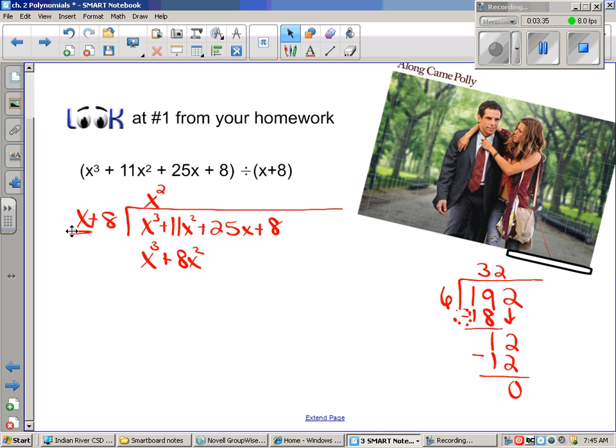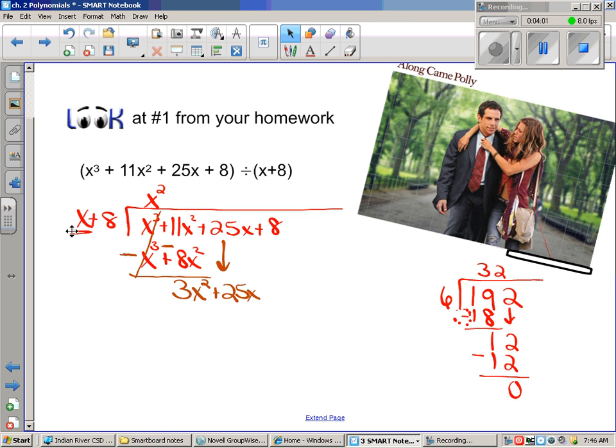Now what do we do next? What did you do after you multiplied the 3 times the 6 and got that 18? You subtracted. Now, the trick about this, and the mistake that most people make, is they forget to subtract both terms, both of them. So the x cubed cancel. You have 11x squared minus 8x squared, and that gives you 3x squared. And then what do we do? That's right, we bring down the next term.